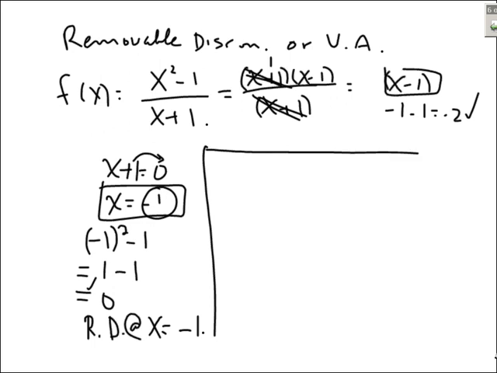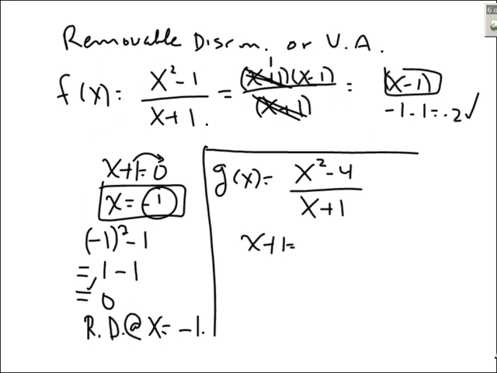Okay? If you had that g of x is equal to, I don't know, x squared minus 4 over x plus 1, well, the bottom is 0 when x is negative 1.